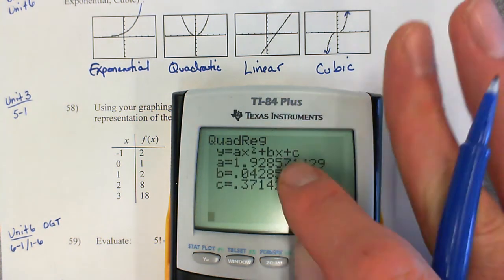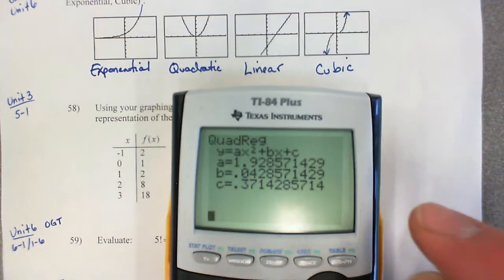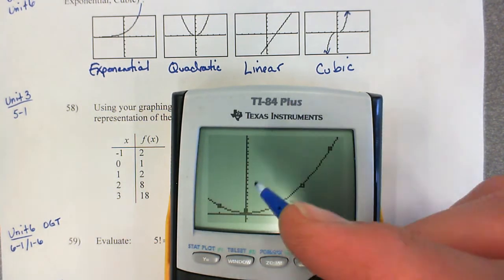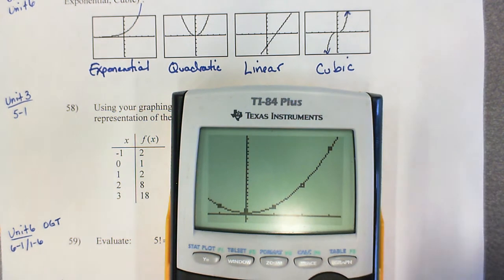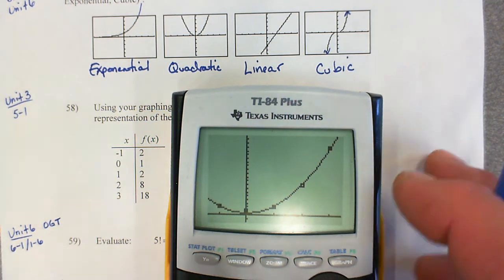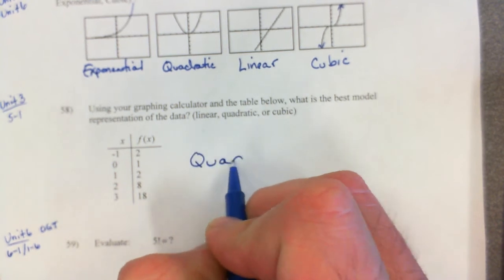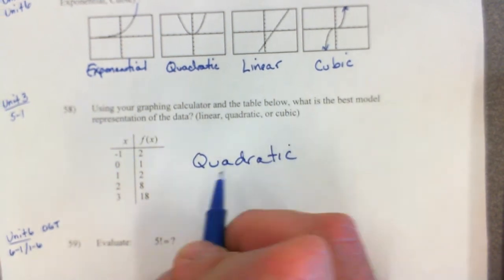Okay, now this is going to calculate the equation when you hit enter, which we're not asked for, we're just asked to identify which. And now if we hit graph, that looks pretty darn good. Okay, so here the best model is quadratic.